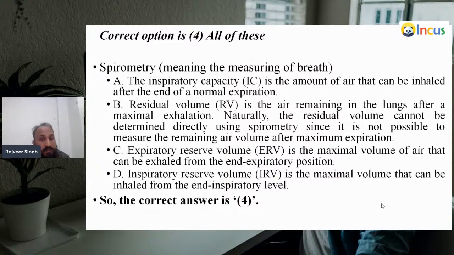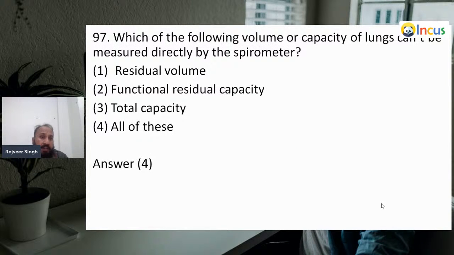Inspiratory reserve volume, IRV, is the maximal volume that can be inhaled from the end tidal volume. So what you should know is that spirometry means the measuring of the breath, not volume and capacity. So I hope you will understand why we cannot measure all these things, RV, FRC, and so on.